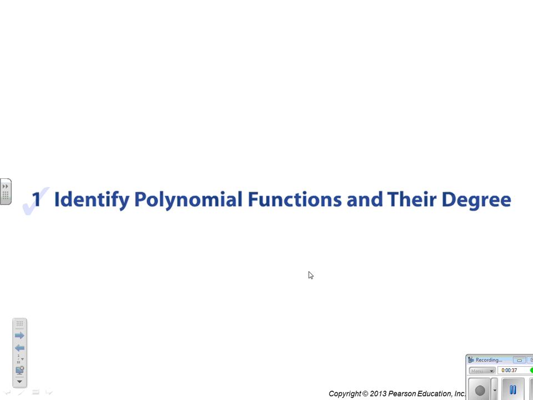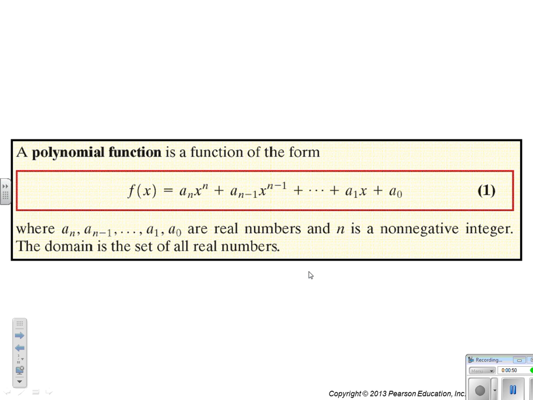Okay, so my favorite part of math is identifying because there's no math involved in identifying. So identifying polynomial functions and their degree, mega easy. A polynomial function looks like this, and I could rattle it off to you.